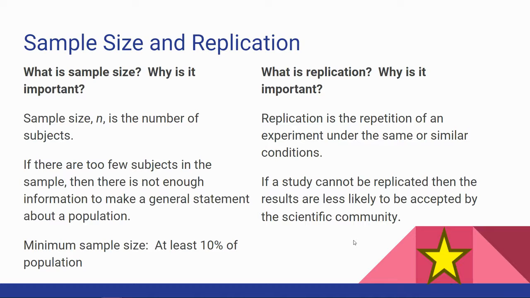If that happens, then it validates the original experiment. If it doesn't happen, then they need to go back and see what was the change, what made something different, where was the issue. And if it never gets replicated, then the scientific world doesn't see it as being valid at all. If a study cannot be repeated, then the results are less likely to be accepted by the scientific community.